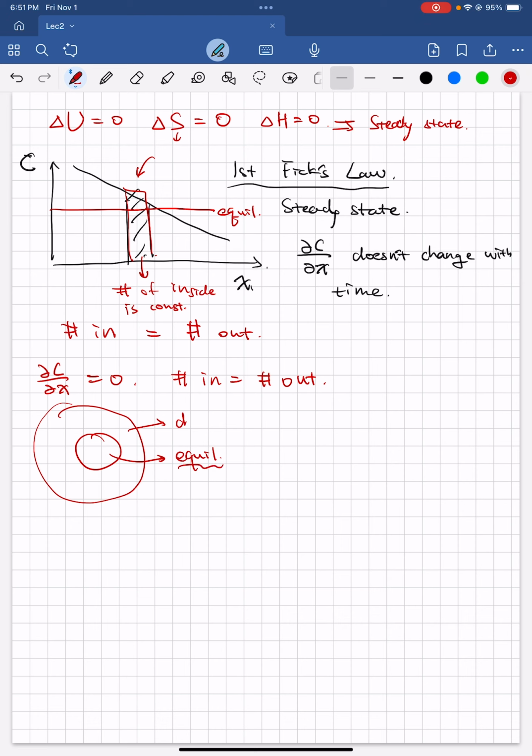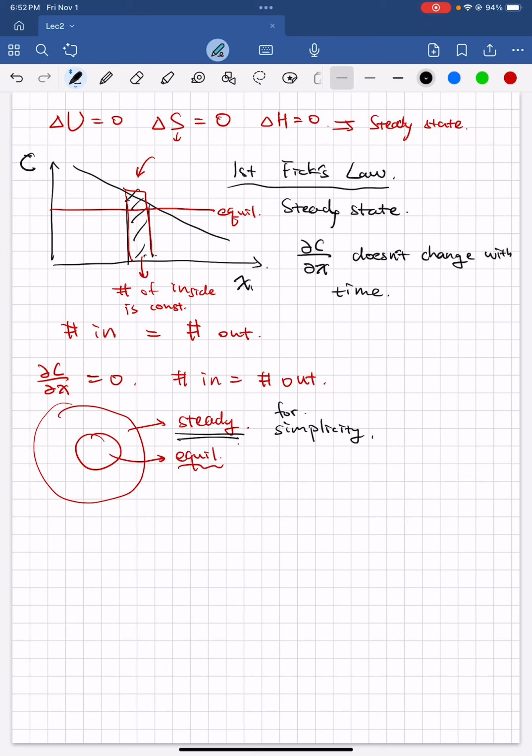Now, equilibrium and steady state are very important concepts. We are going to assume a lot of cases are steady state for simplicity. It doesn't mean they really are.